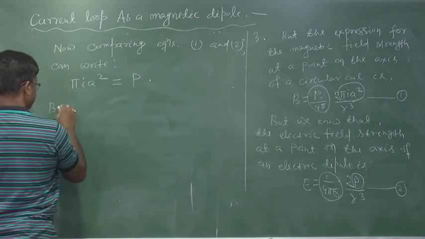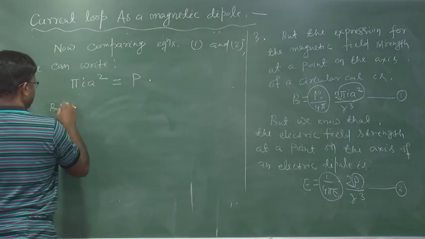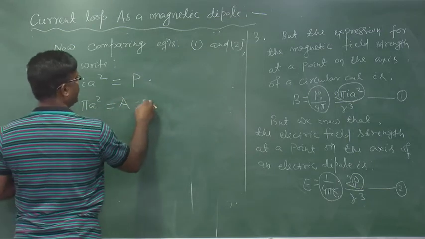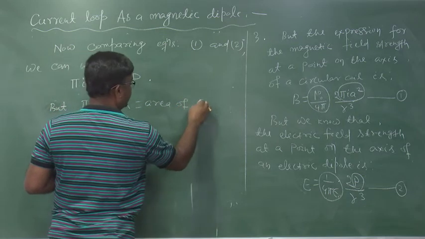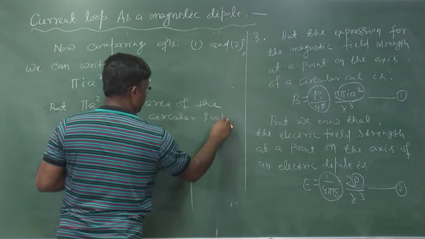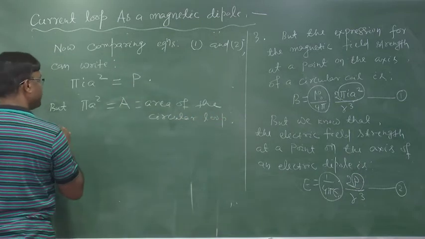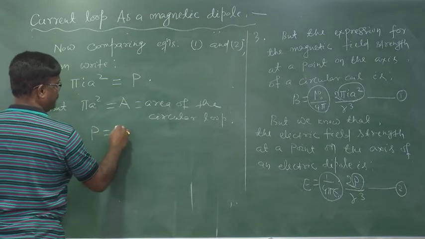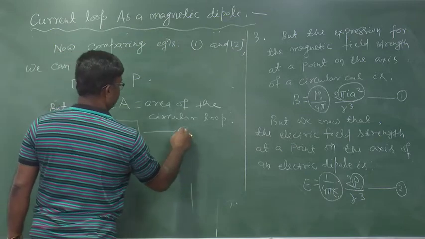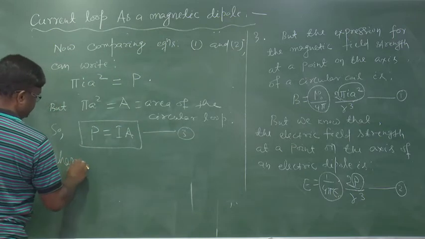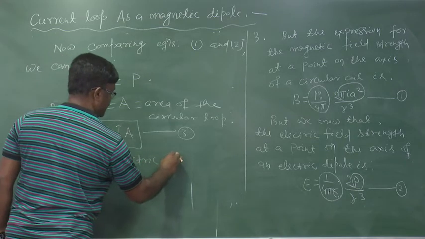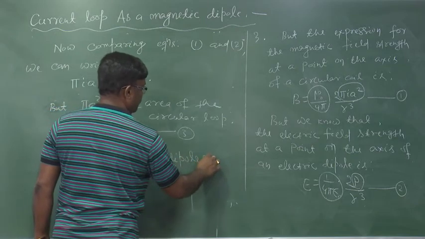But pi square equal to A, equal to the area of the circular loop. So, P equal to IA, where P is equal to the electric dipole moment.